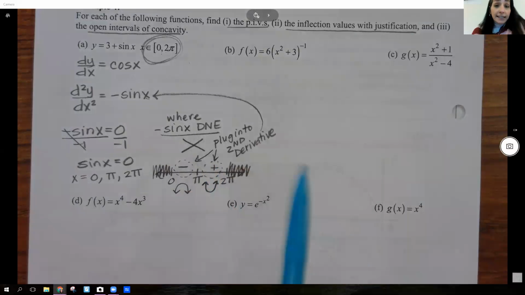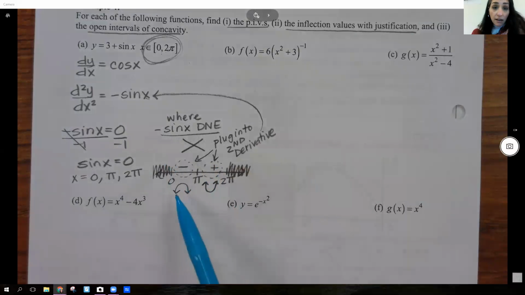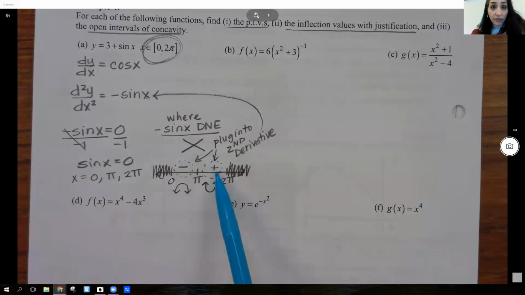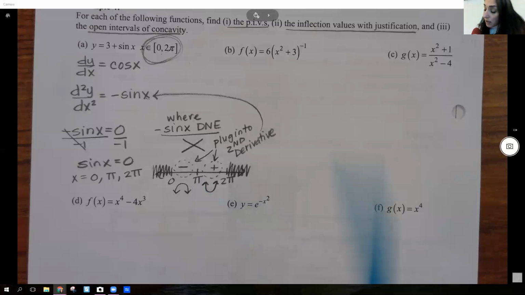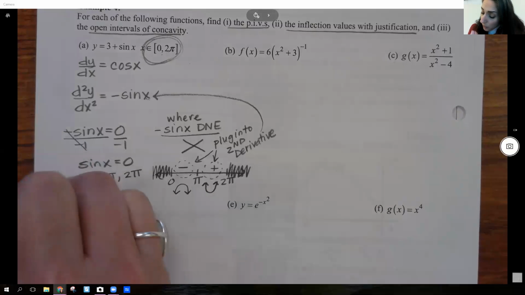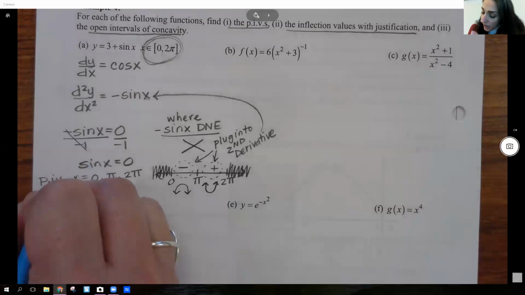So since the concavity of the graph changed from negative to positive, that means that x equals pi is an inflection value, okay? So when we got these answers over here, these were possible inflection values.